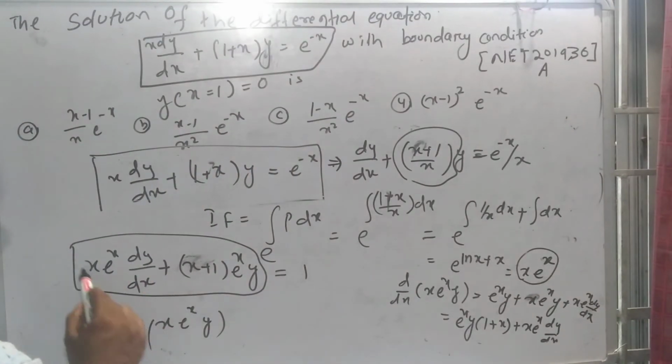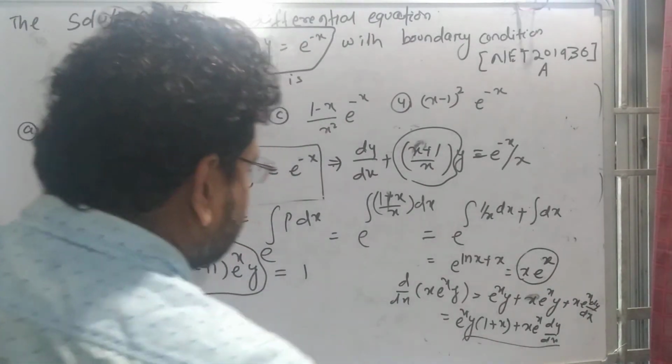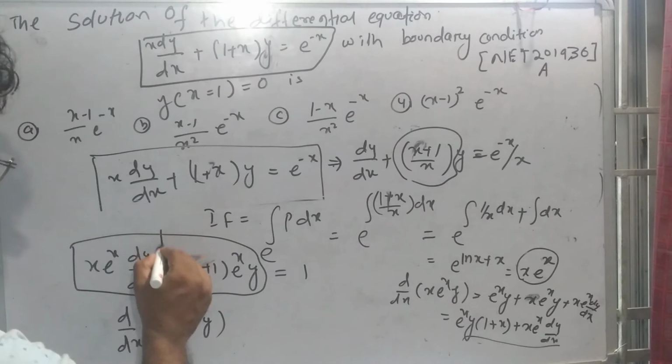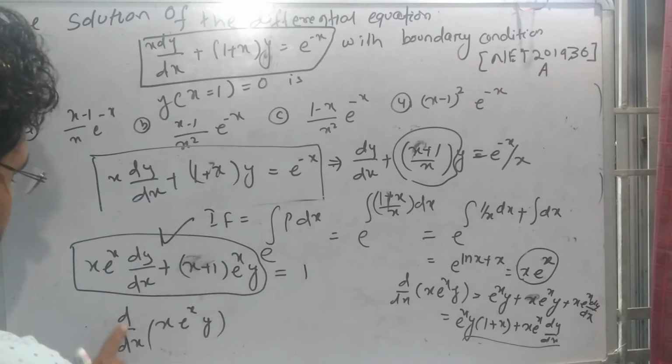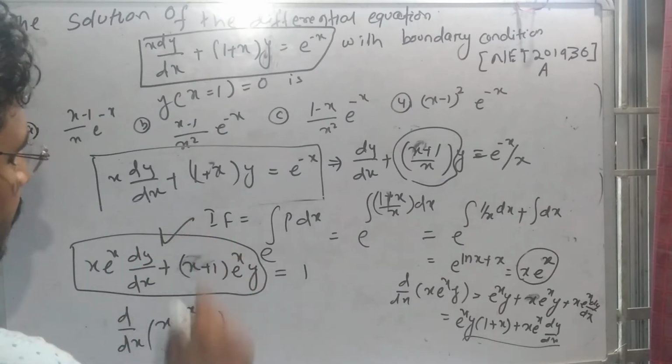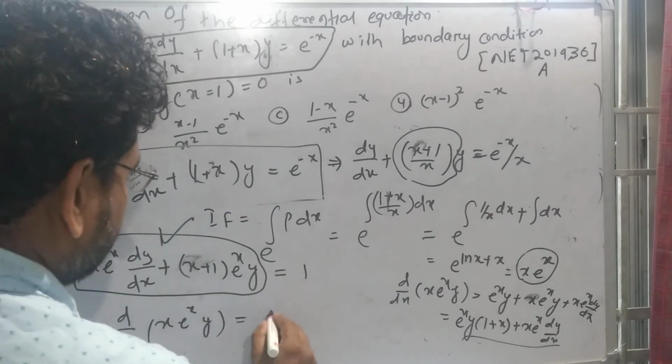Now look at this term. This is exactly the same term. So we can write it as the total derivative d/dx of x e to the power x y, which equals 1.